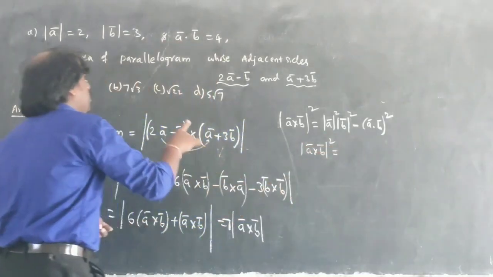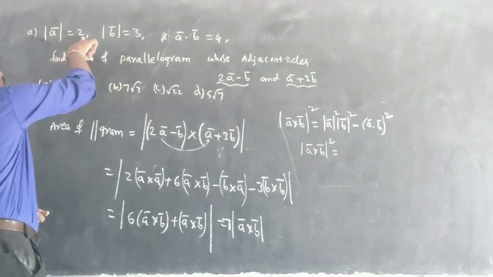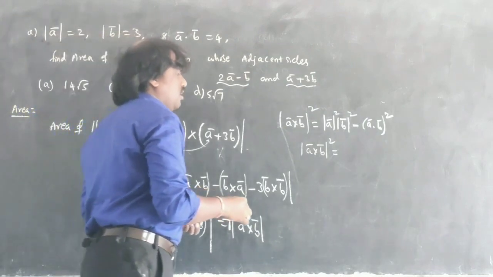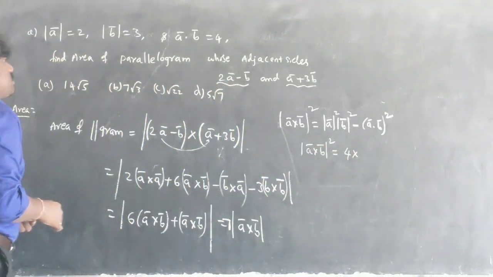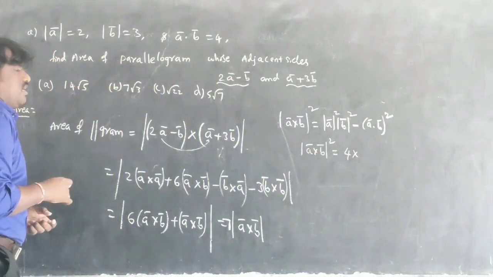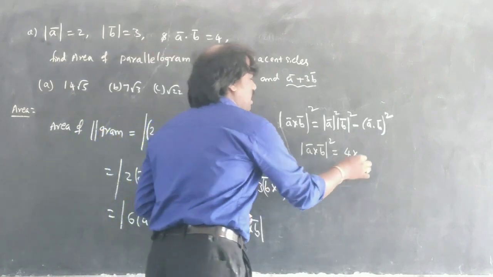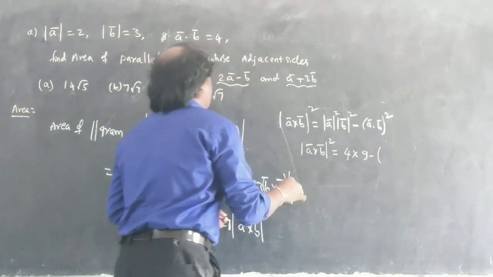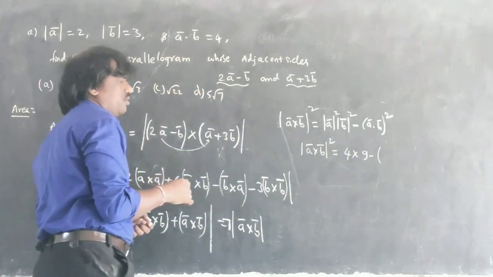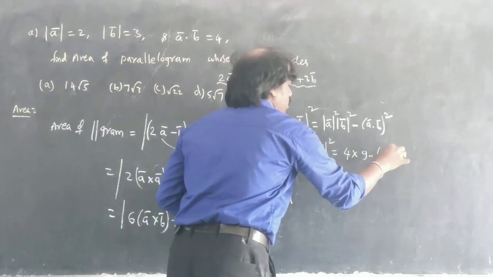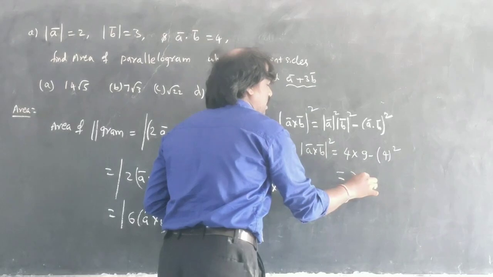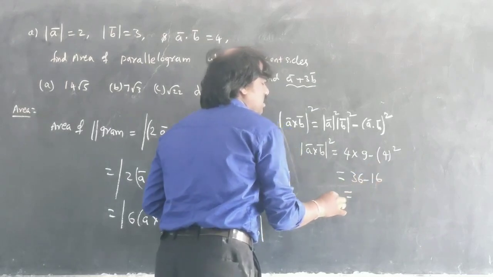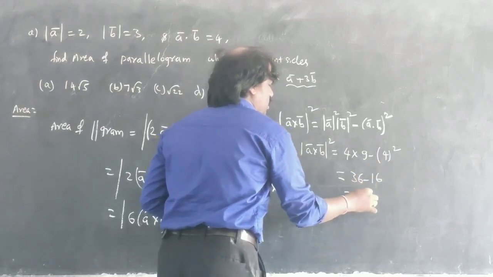You know that mod A is given as 2, so 2 square gives 4. And mod B square, B is given as 3, 3 square is 9. Minus A dot B, which is given as 4, so 4 square. What am I getting here? 9 4s are 36, minus 16. 36 minus 16 is 20.